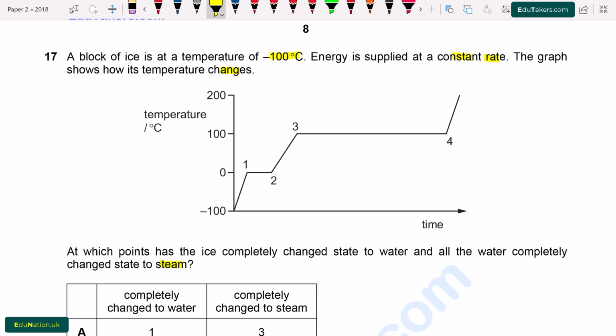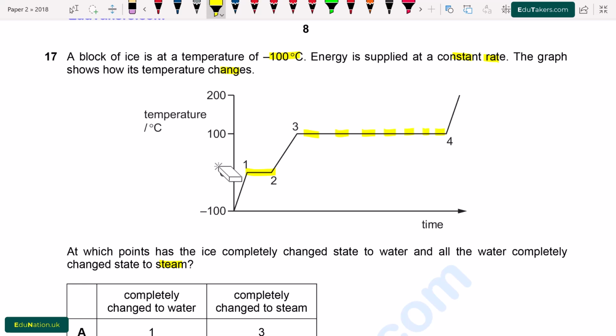So when there is phase change, there is no increase in temperature. On the curve we can see here that from 1 to 2, there is no increase in temperature. So here basically the change of state occurs. Also from 3 to 4, there is no increase in temperature, so there will be change in state.